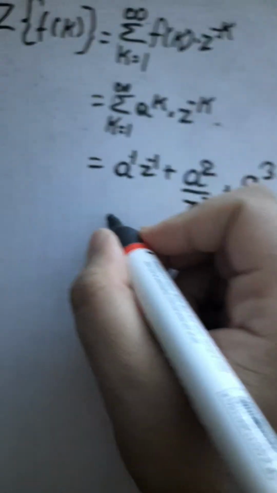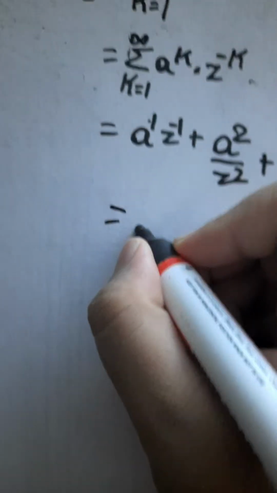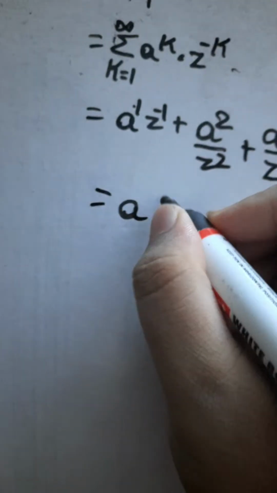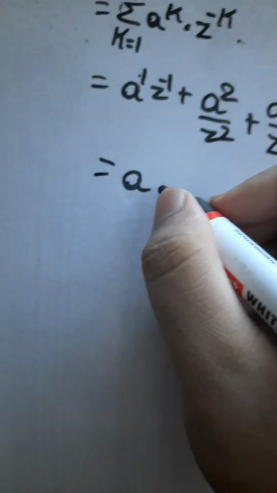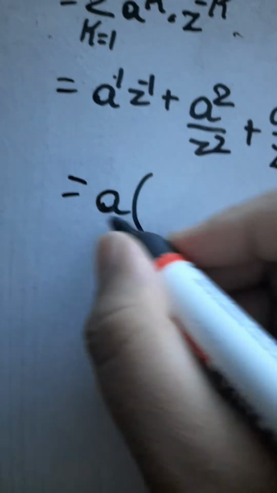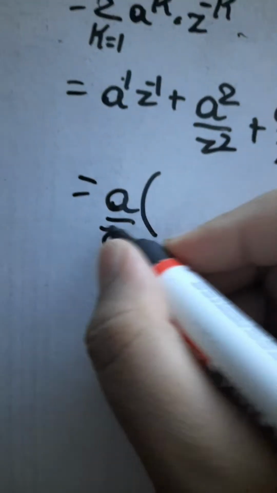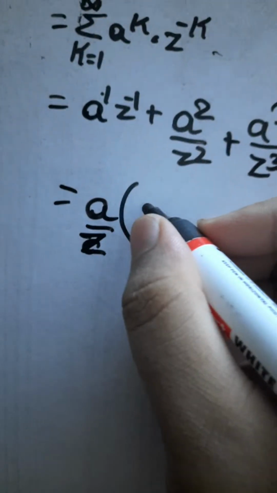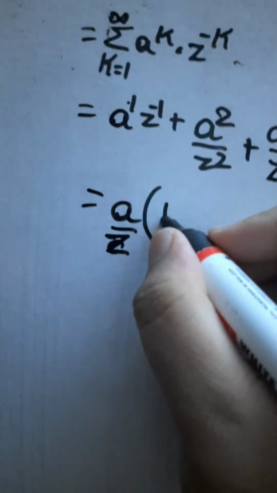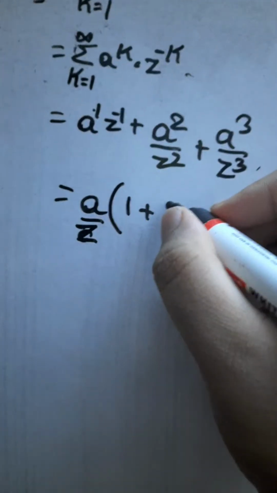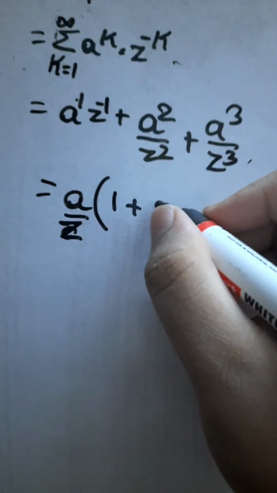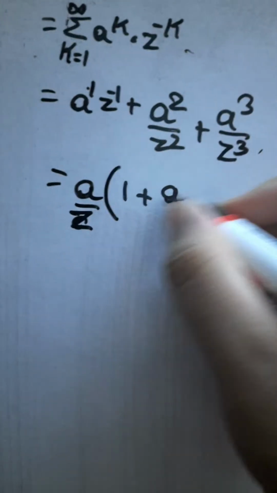So we can take a by z common, then it will look like 1 plus a by z.